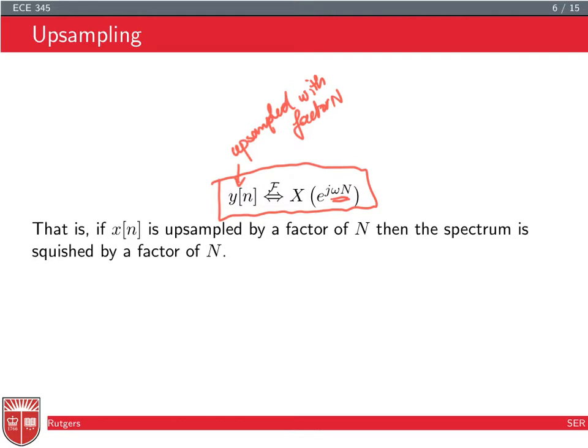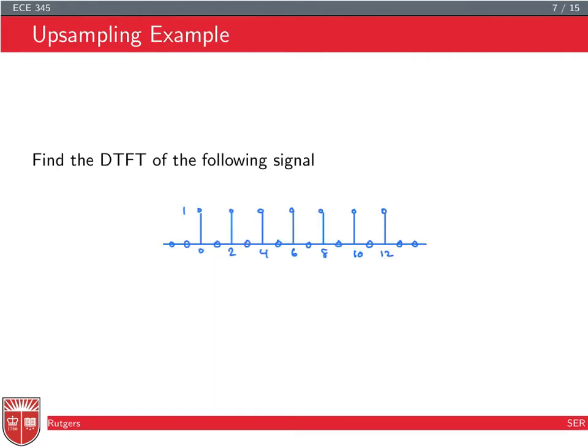So in the previous example where I upsampled by a factor of 2, in the frequency domain I will be squeezing the frequency axis, the omega axis, by a factor of 2. So the stretching in the time domain corresponds to a squeezing in the frequency domain.